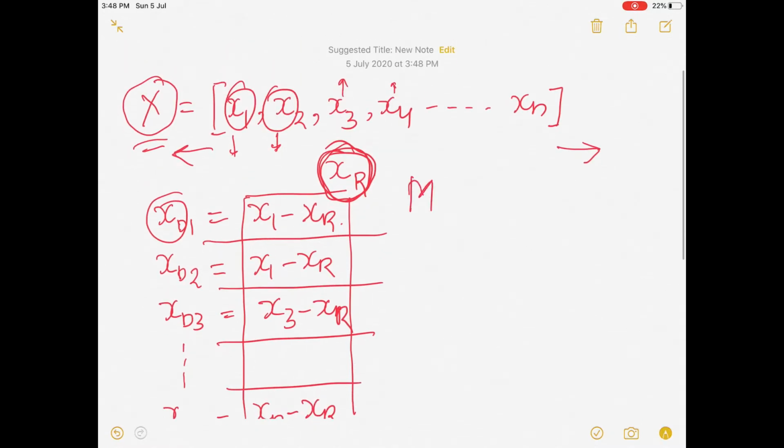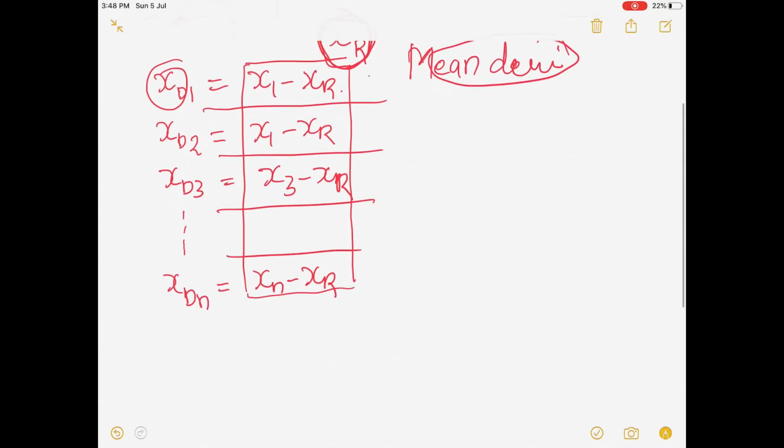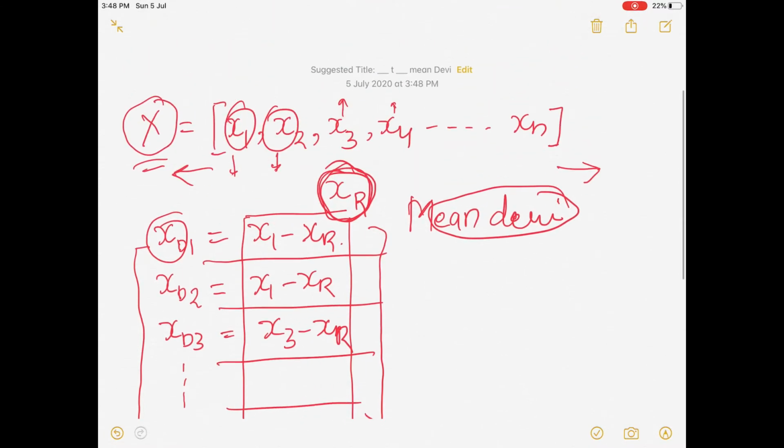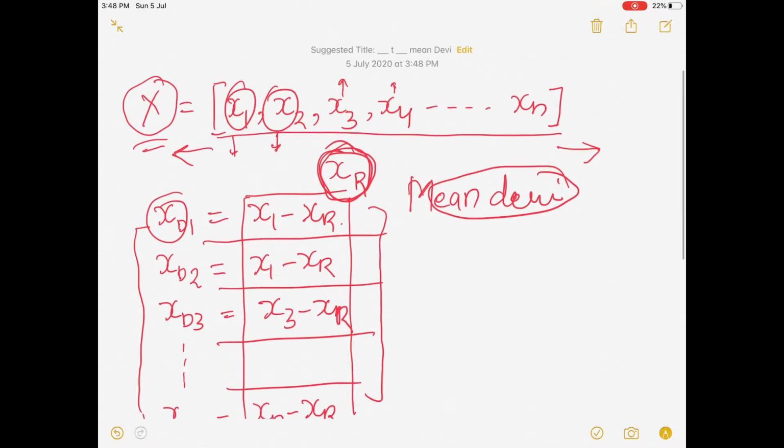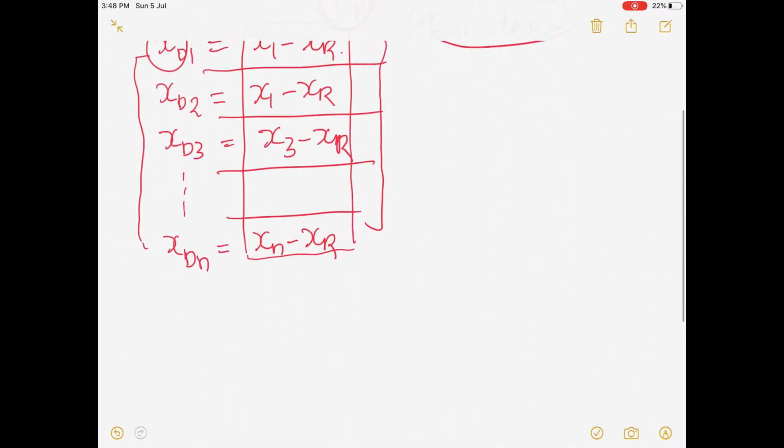Once we have these deviations in our hand, we can calculate the mean deviation. As the name suggests, mean deviation is nothing but the mean of xd1, xd2, up to xdn. In the earlier video, we calculated the mean of the data set. Now this mean deviation will be the mean of the deviations of the data set.